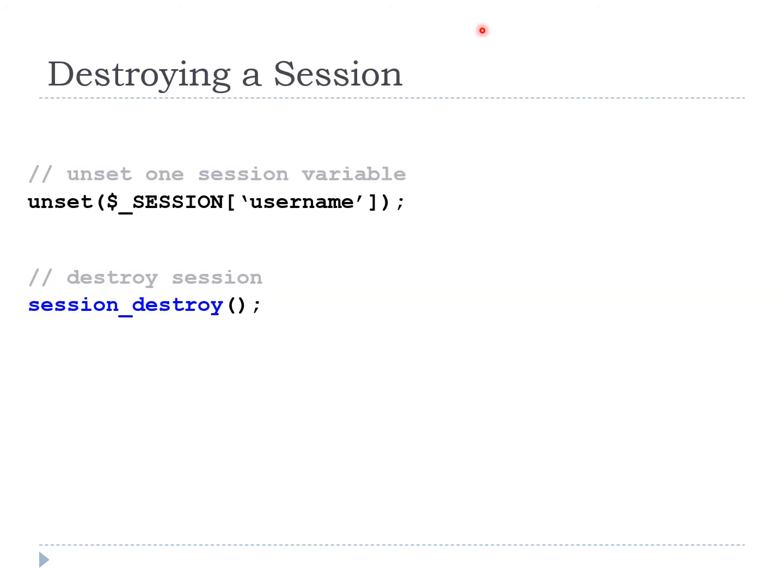Now let us see how we can destroy a session. In order to destroy a session variable, we have to use the unset function, unset of $_SESSION of username. So the data stored in the username session variable should be destroyed, or removed.